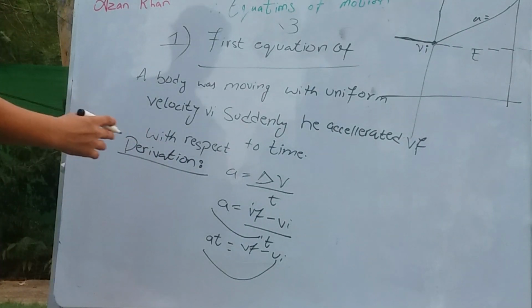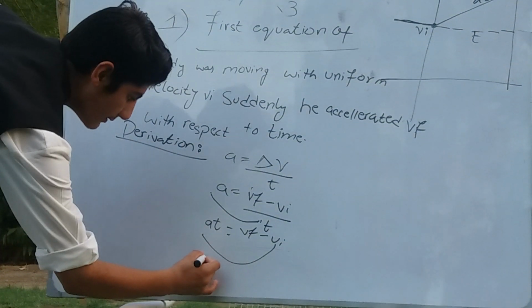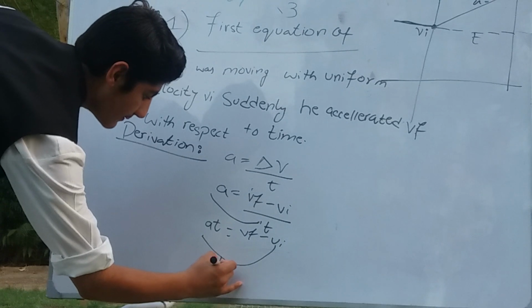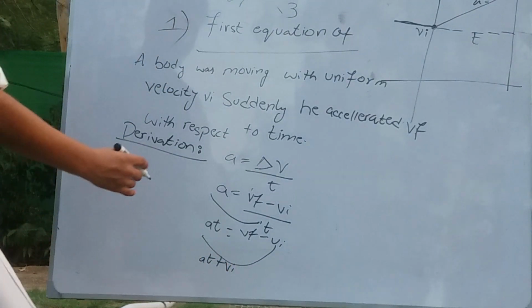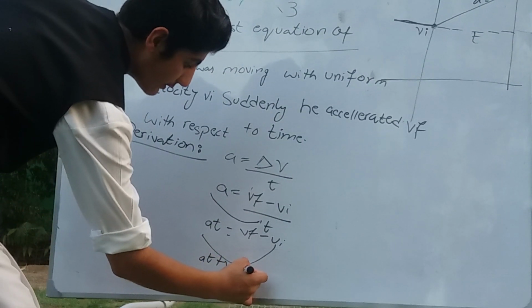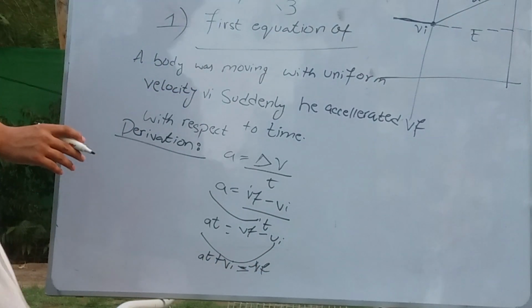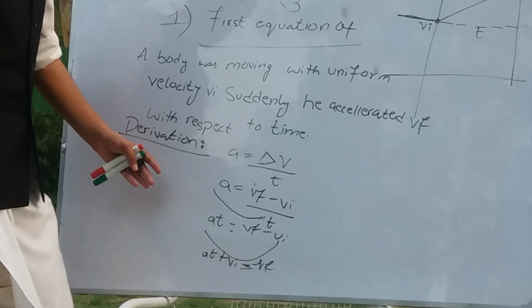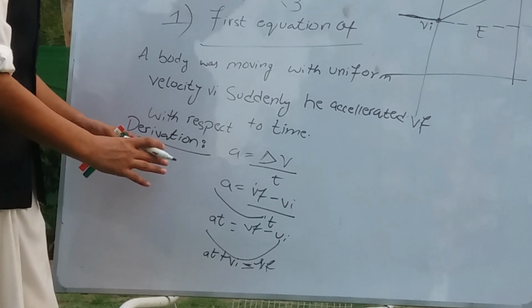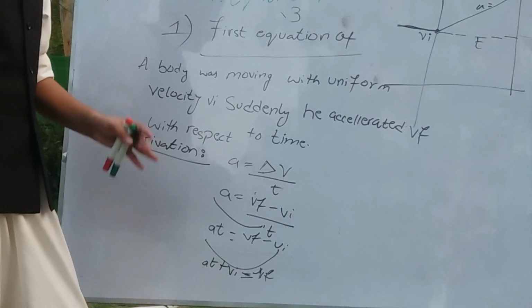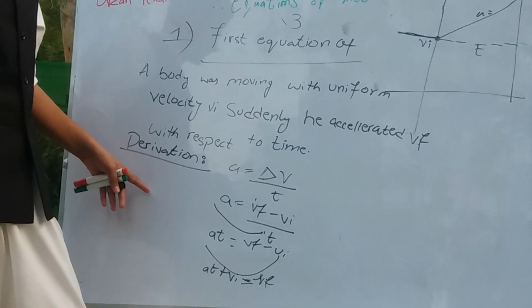So now at plus Vi is equal to Vf. This is the derivation of the first equation of motion.